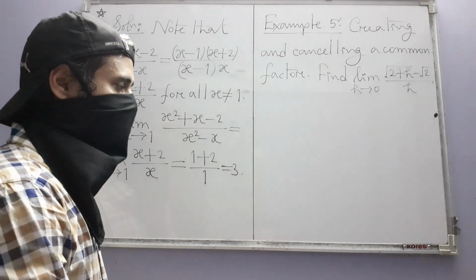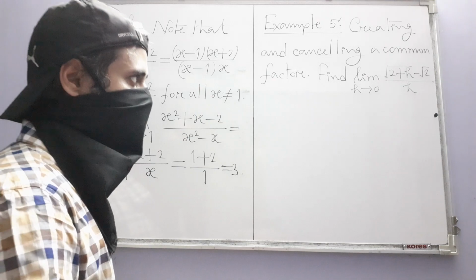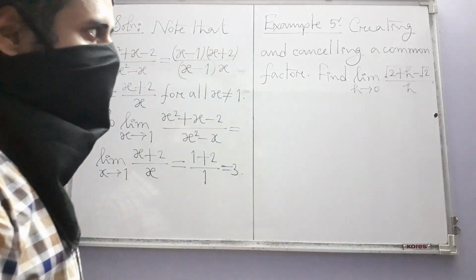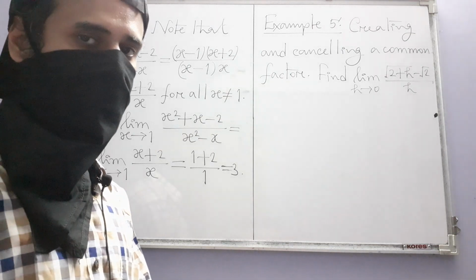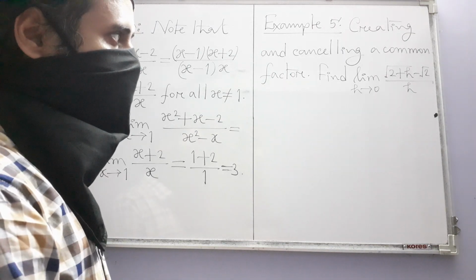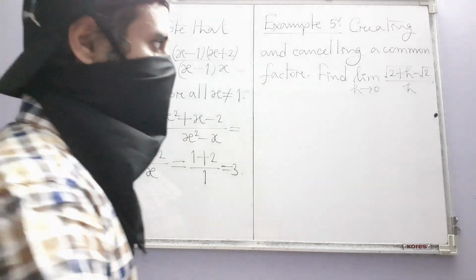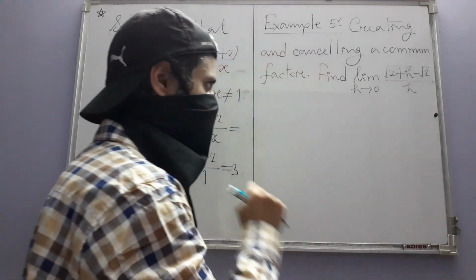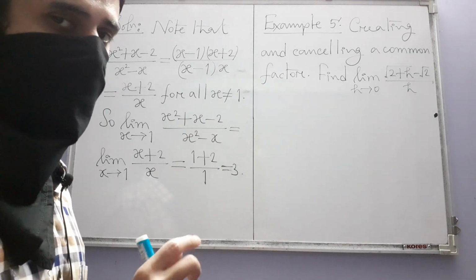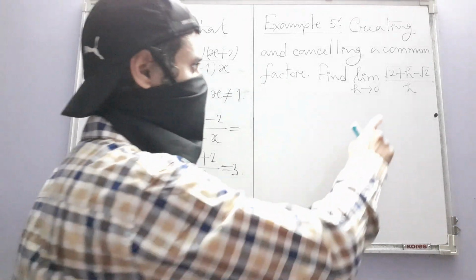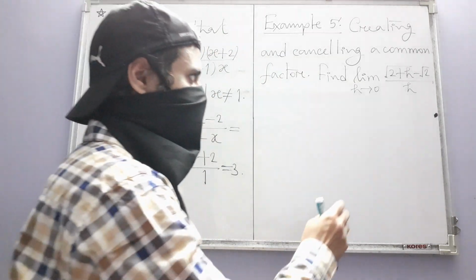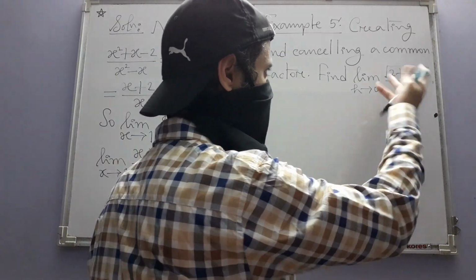Okay, so you can see here that although the form is that of p of x divided by q of x, there are two things here. The first thing is that although the denominator is actually a polynomial in h, the numerator is not, because you have radical. And the second thing is that it's not so obvious what can be cancelled.